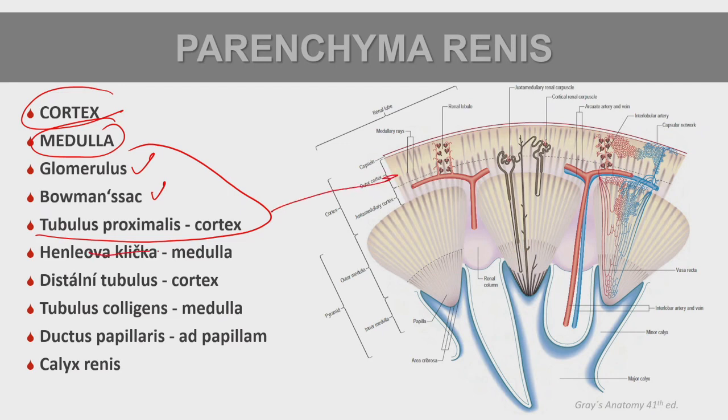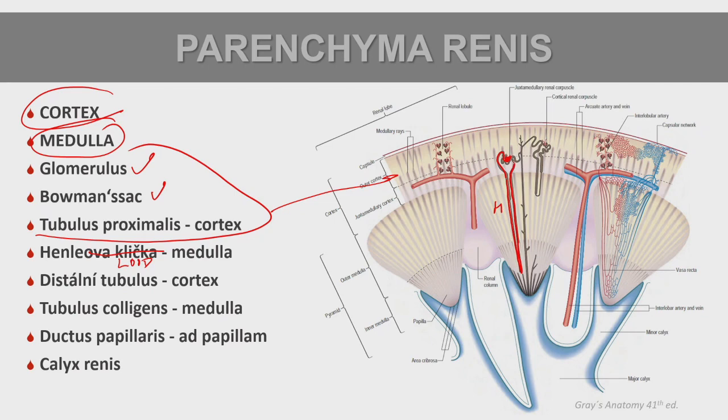This is the proximal part, this is the glomerulus, and here we have the proximal tubule, this is the Henle loop, and the Henle loop is in the medulla.